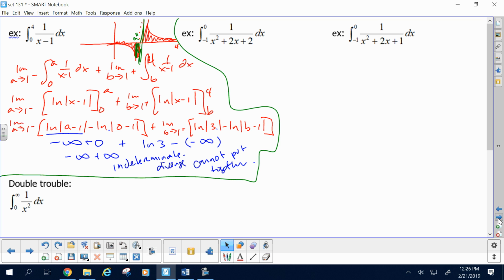Or you could complete the square. Okay, that's actually the best basic thinking question.